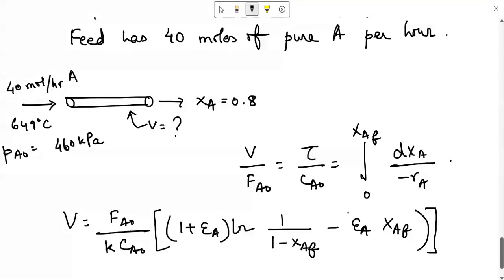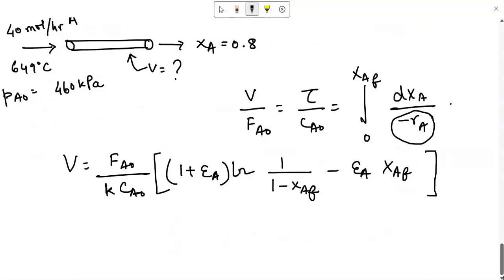That is it. This is the kind of expression you will get if you put the irreversible gas phase, variable density rate equation in place of minus Ra and solve it.